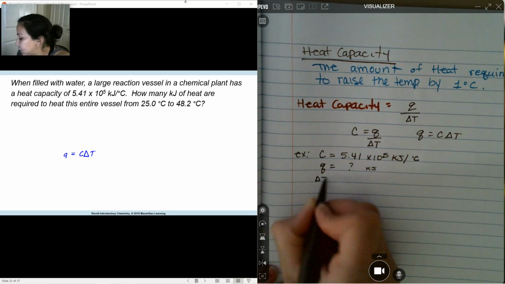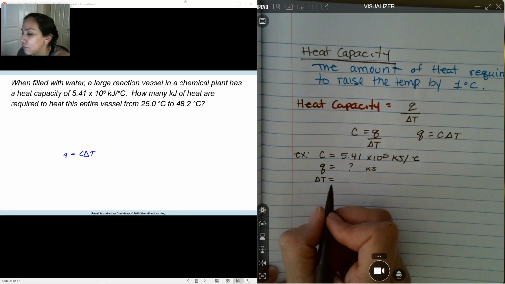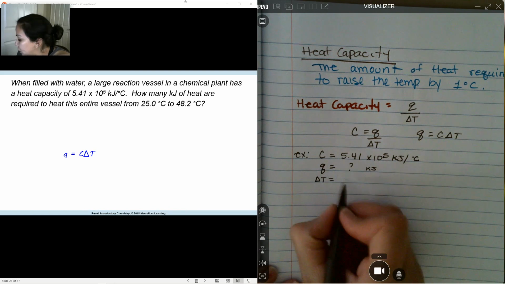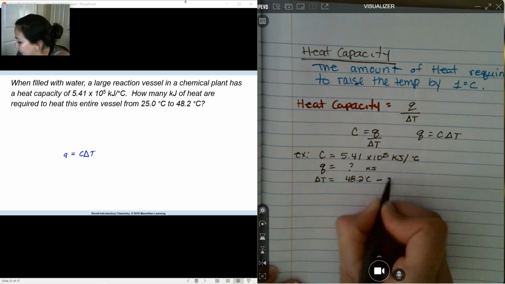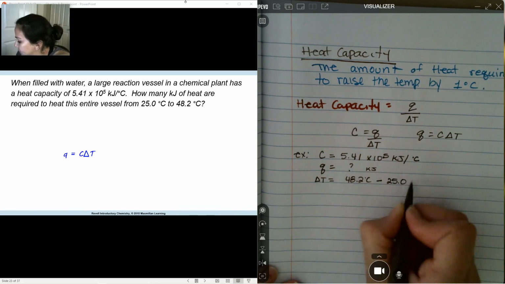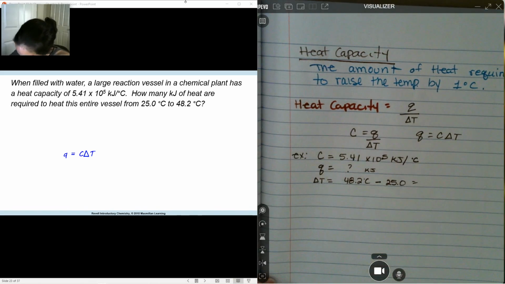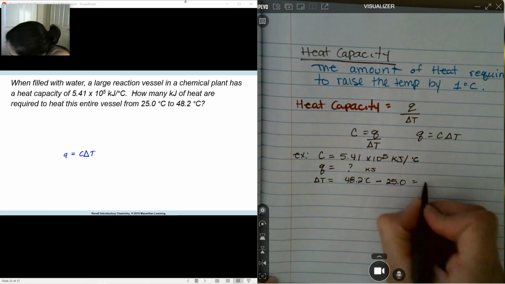Our change in temperature goes from 25 to 48.2. So change in temperature is always final minus initial. So that's 48.2 minus 25, 23.2.